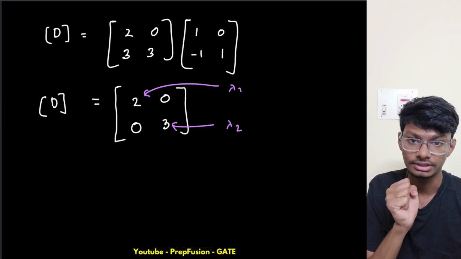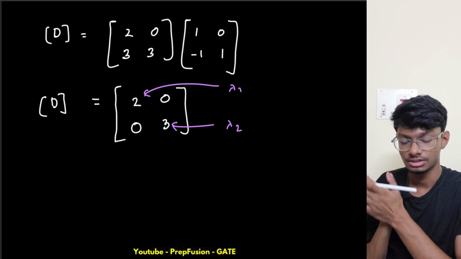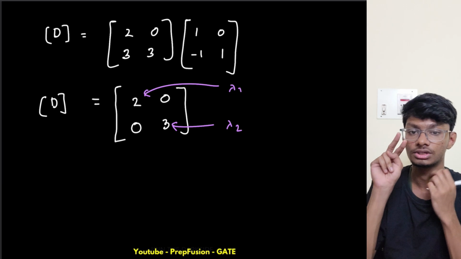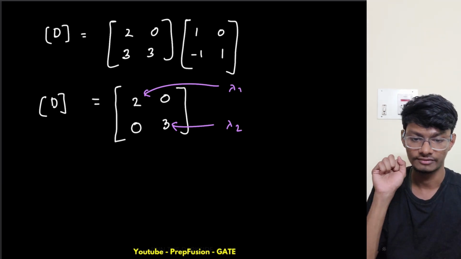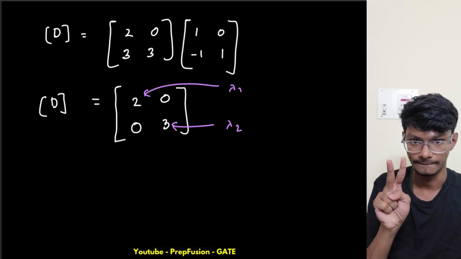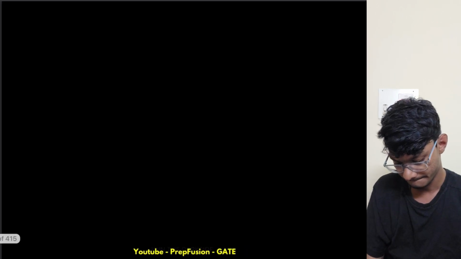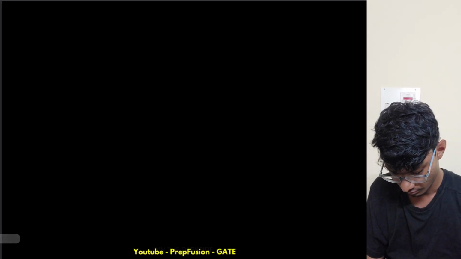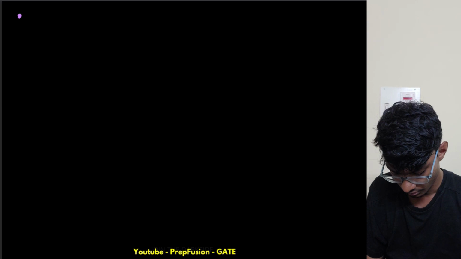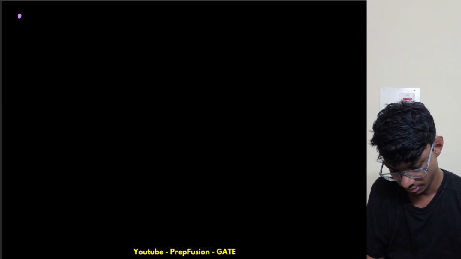But one thing to note is that we can't diagonalize every matrix. Why? Because for us to diagonalize, the eigenvectors must be independent of each other, right? So let me write this.